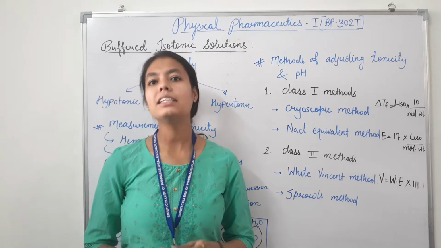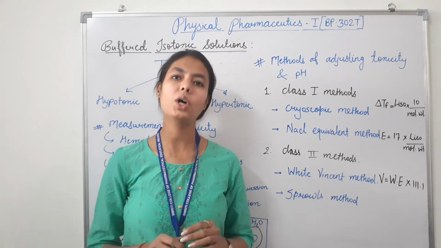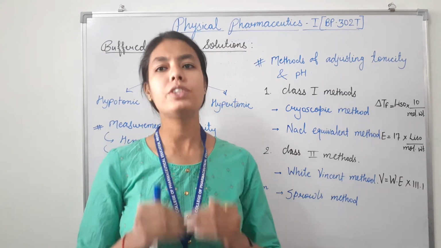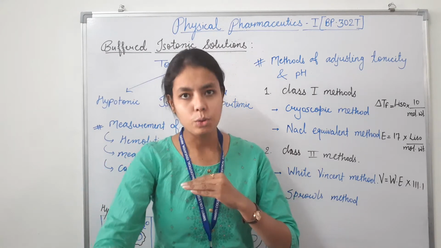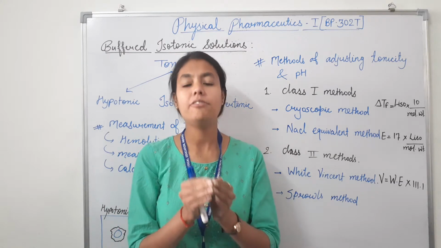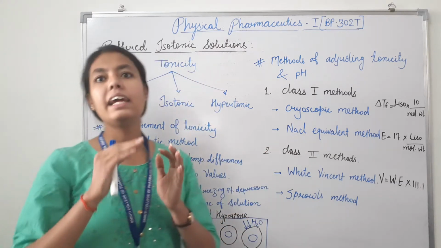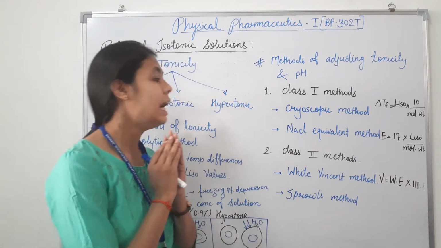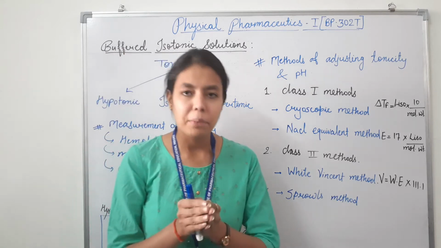The second one is hypertonic solution. Hypertonic solution refers to the one where the concentration of solutes is greater outside the cell than inside the cell. For example, whenever we take more than 0.9% concentration of NaCl, that will act as a hypertonic solution.